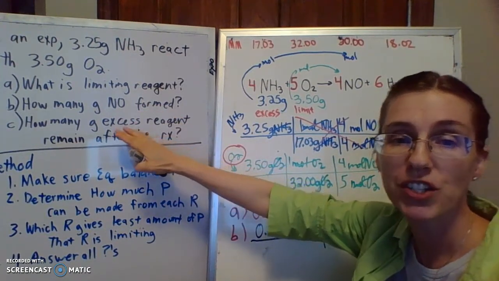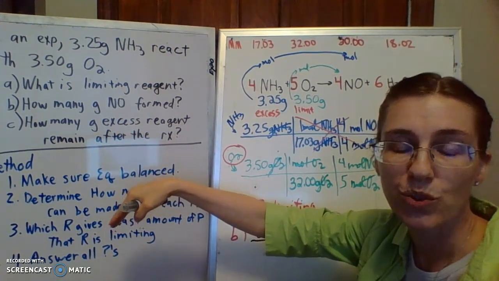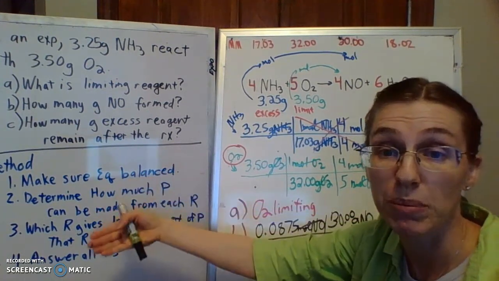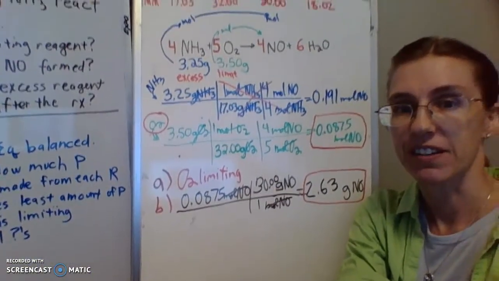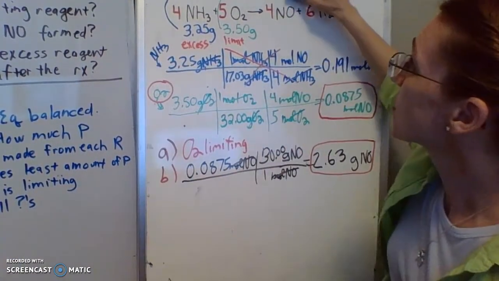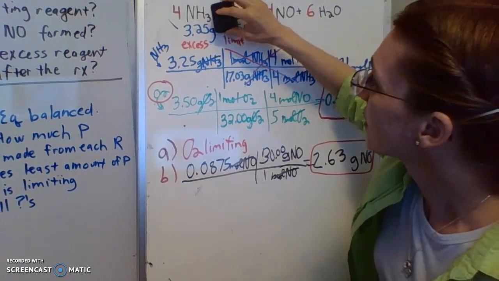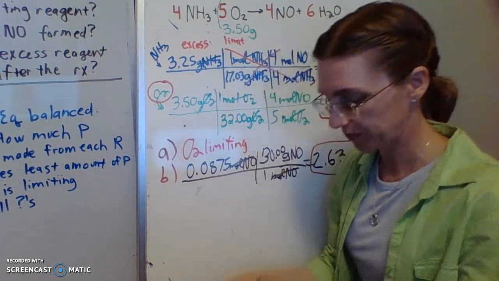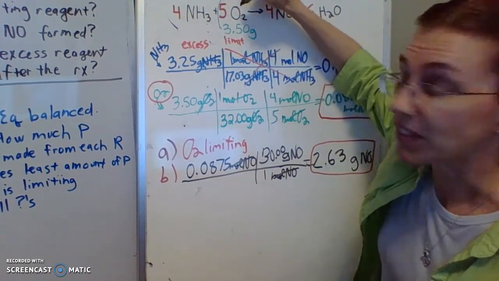It asks us for how much excess reagent still remains after the reaction. So in order to figure out how much remains after the reaction, we have to know how much the reaction took up. So we're going to focus our attention back over here so we can figure that out. So we know that once the reaction has been made, we have used up all of the O2, and we've used up some of the ammonia, but not all of it.